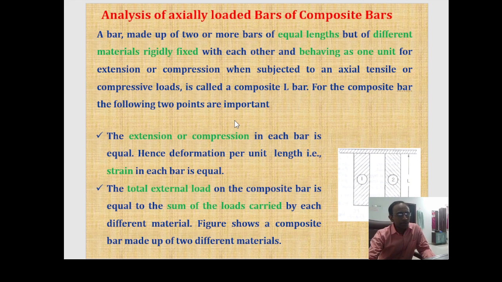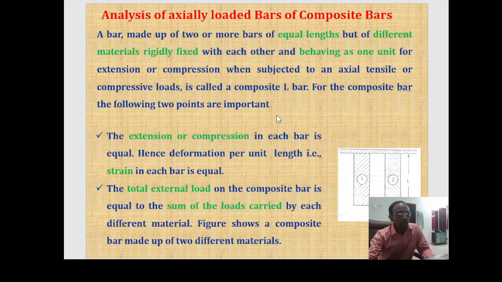Now let us first try to understand what a composite bar is, before getting into analyzing them. A composite bar is a bar made up of two or more members, a minimum of two, and it can be more than that.